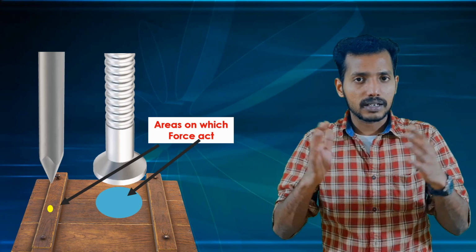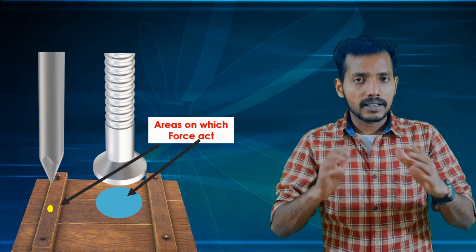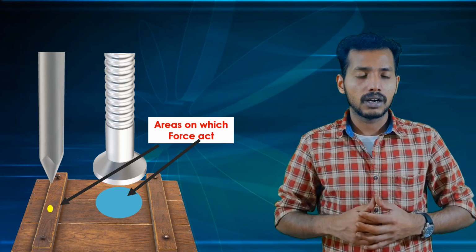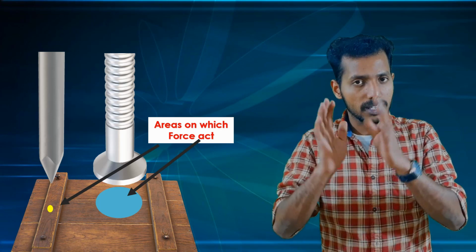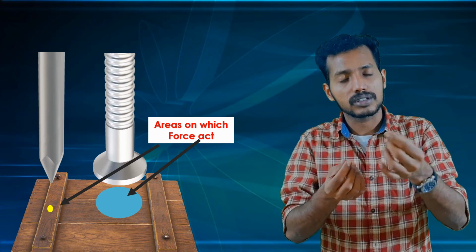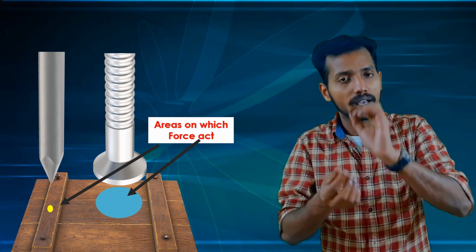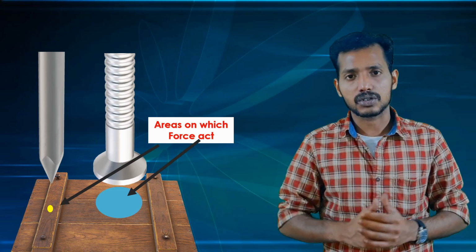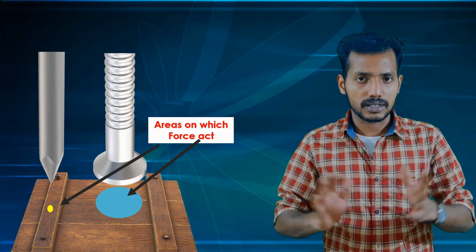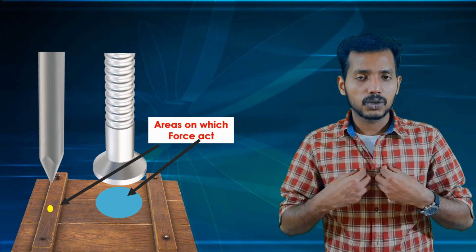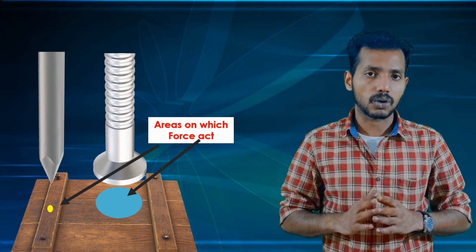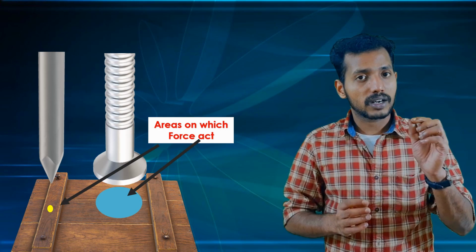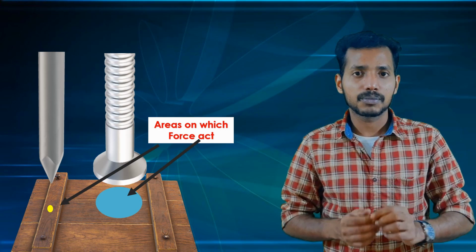So what we need to understand is that in the first case, the entire force is distributed over the whole area, while in the second case the same force is distributed over a small area. For a simple example, suppose you are sitting in a classroom of 50 students and 100 chocolates are distributed.